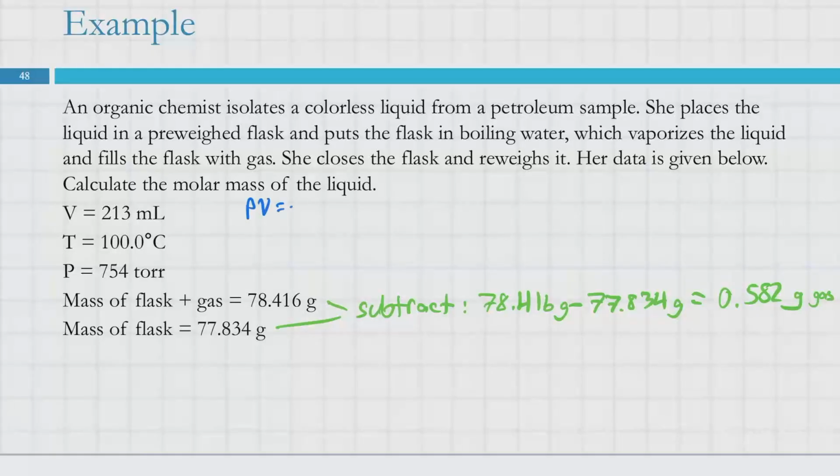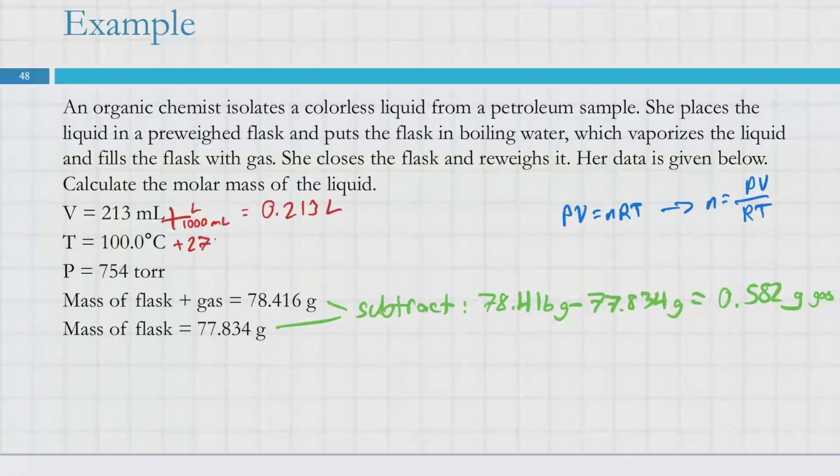We need to solve PV equals nRT for n. So it's going to be PV over RT. We also need to convert some units. We need to convert from milliliters to liters. We need to convert from degrees Celsius to Kelvin.